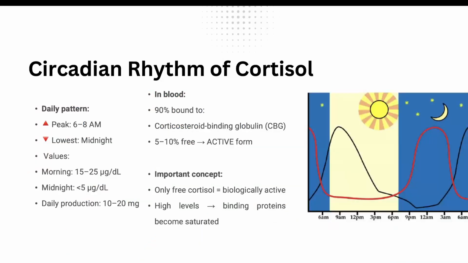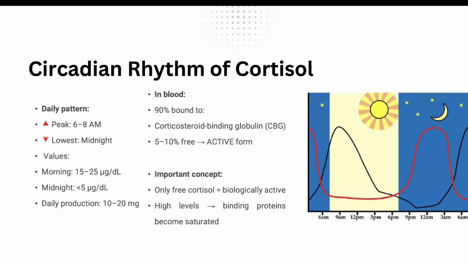The circadian rhythm of cortisol is very important to understand. What we mean by circadian rhythm of cortisol is that it gives us information about when the cortisol, or the glucocorticoid, is very high and when it is low and lowest.